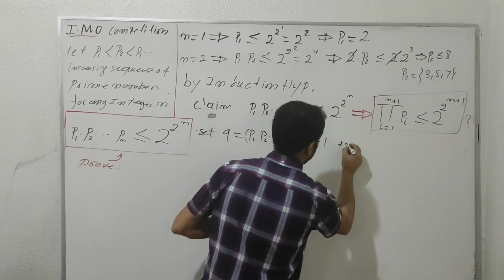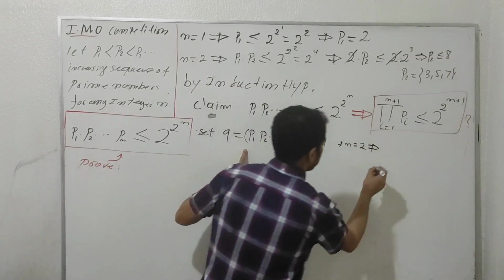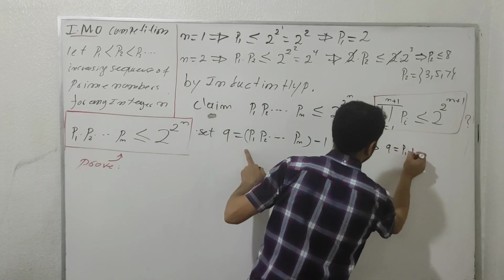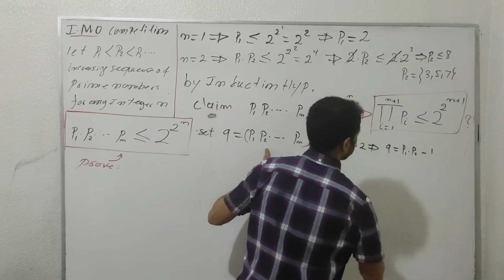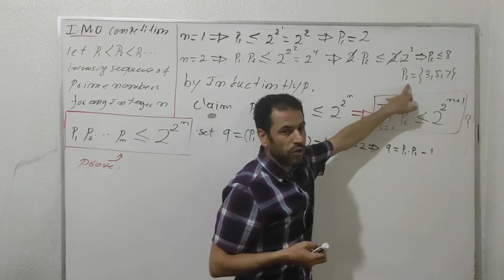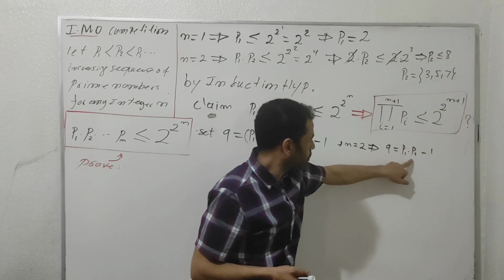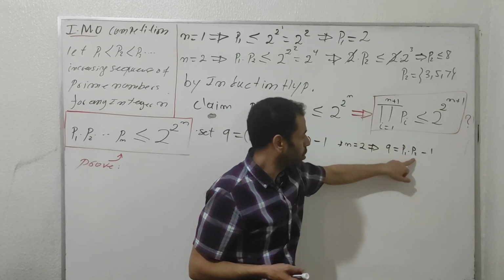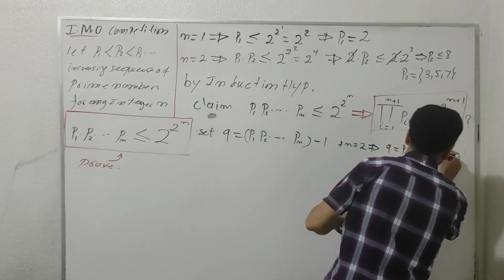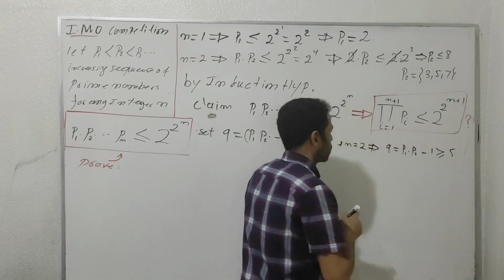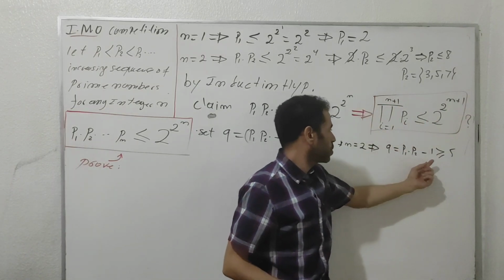When we have n equals 2, this Q equals P1 multiplied by P2, minus 1. If I use the minimum value of P2 here, it gives us P1 multiplied by P2, which is 2 multiplied by 3, which is 6. 6 minus 1 is 5, which means Q must be greater than or equal to 5, because I'm using the number 3 as the minimum value.